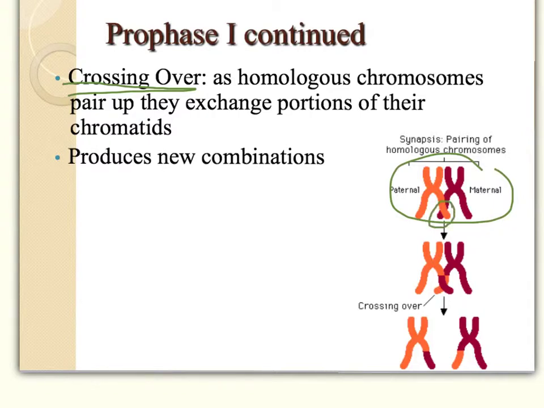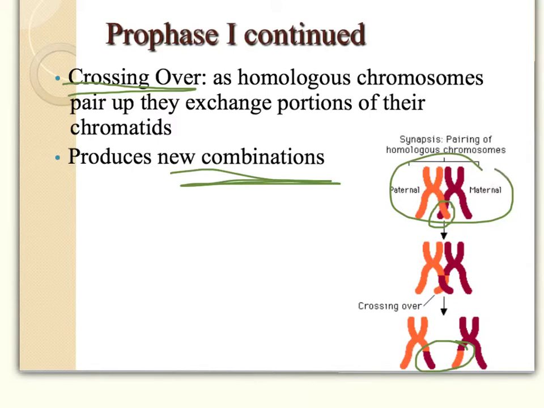And then they end up with different feet, and that produces new combinations. So crossing over is exchanging parts of the chromosome to produce new combinations. And just to reiterate, over here we have homologous chromosomes, one from dad, paternal, one from mom, maternal.